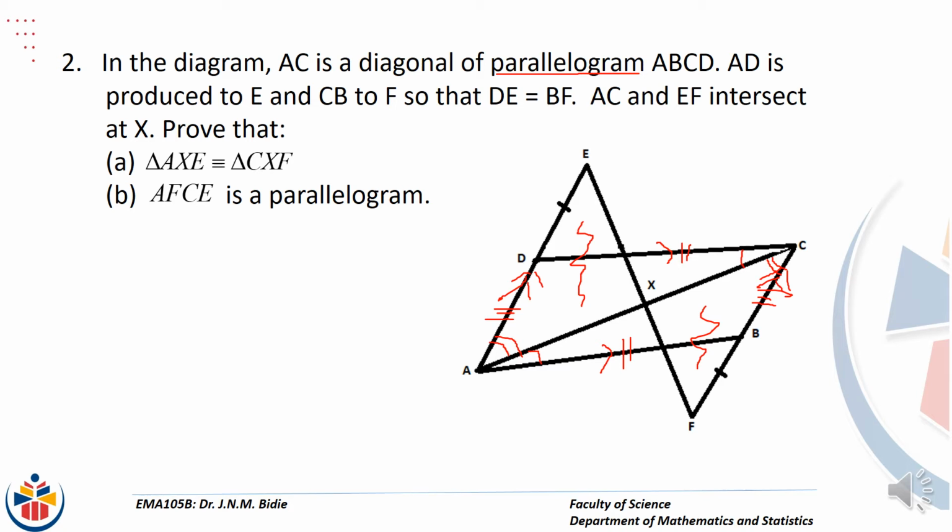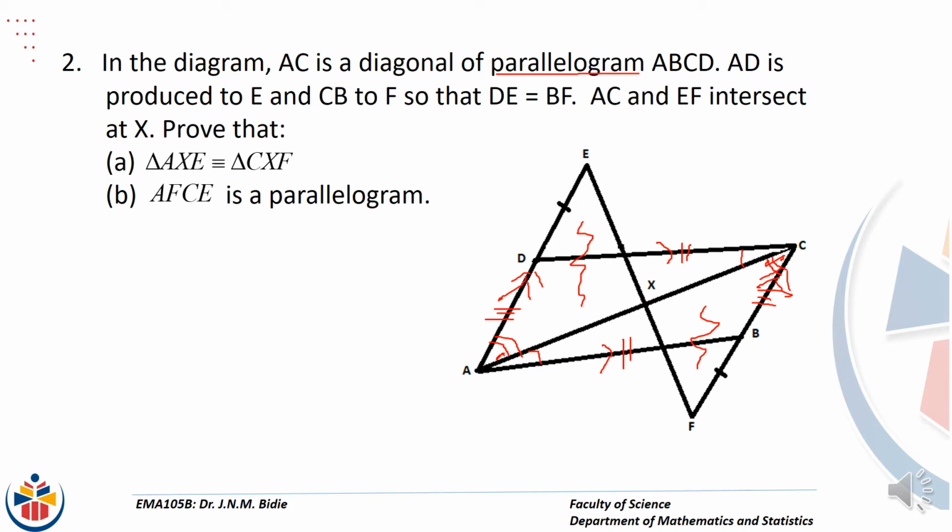They are alternate angles because of AD parallel to BC. Because those two lines are parallel, I have those alternate angles, and they are in both triangles. So the first thing I have is that angle EAX is equal to angle XCF, alternate angles because of AD parallel to BC.